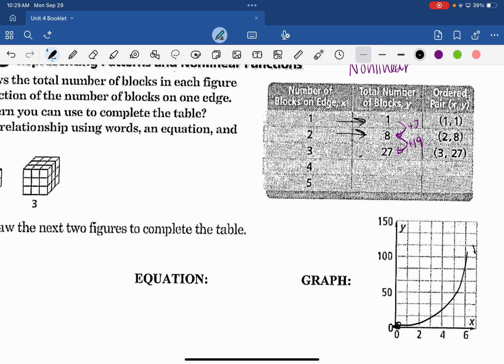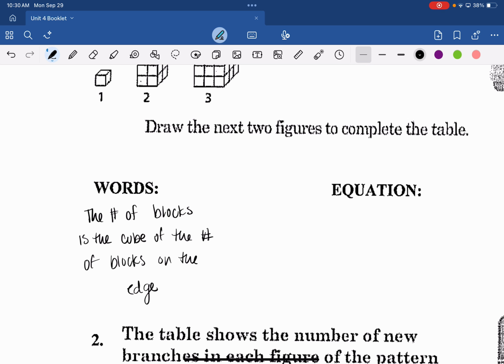In words, we would say the number of blocks is the cube of the number of blocks on the edge. As an equation, we would say y equals x cubed.